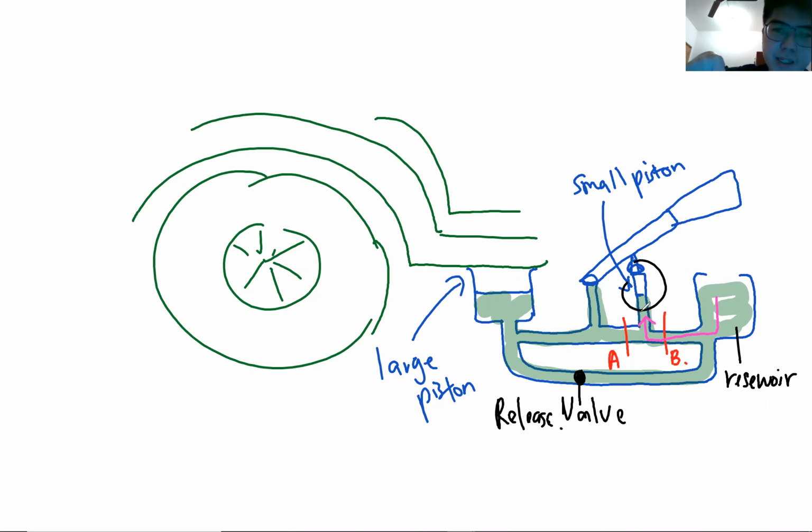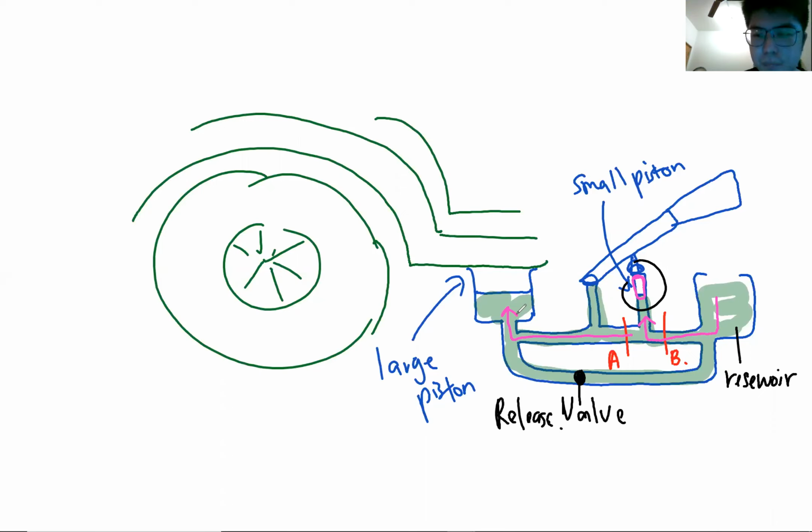Now, as you press down the small piston, valve B closes and valve A opens. As you press this small piston downward, it pushes the hydraulic oil through valve A all the way to the larger cylinder. That's how you pump the hydraulic oil into the overall space here.